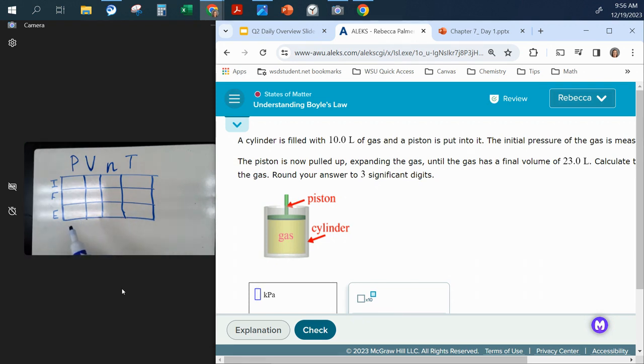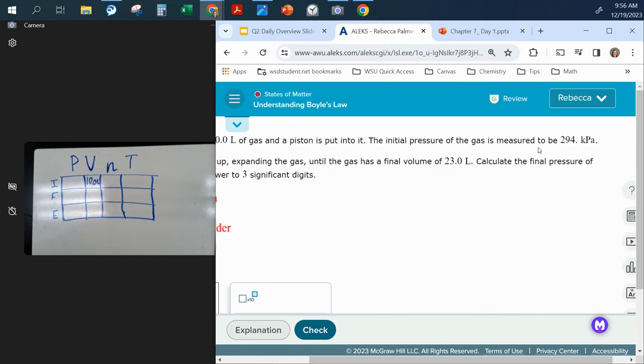Hopefully we're building our intuition on how these relate. So this one says a cylinder is filled with 10 liters of gas. So that's telling us one of these values. What's this? 10 liters. That is a volume. That's our initial volume. So we start at 10.0 liters. Okay. The initial pressure of the gas is 294 kilopascals.